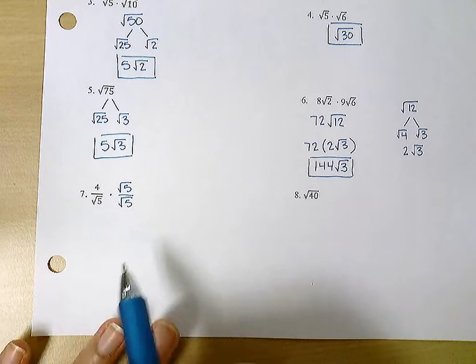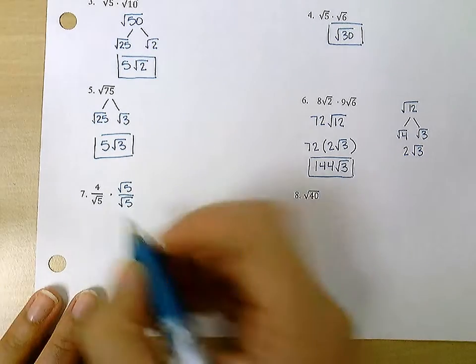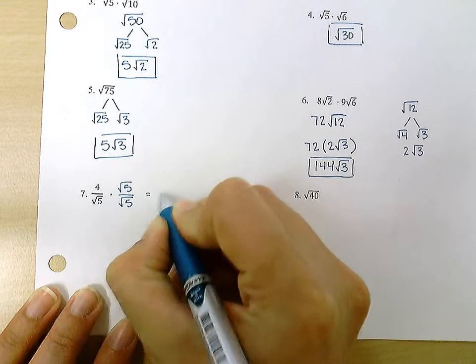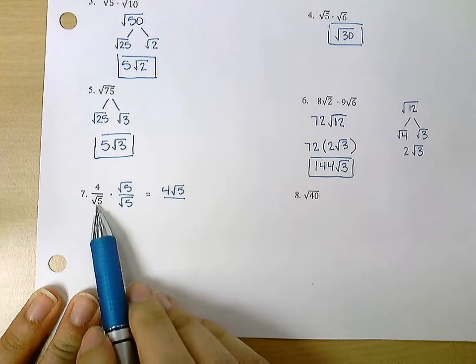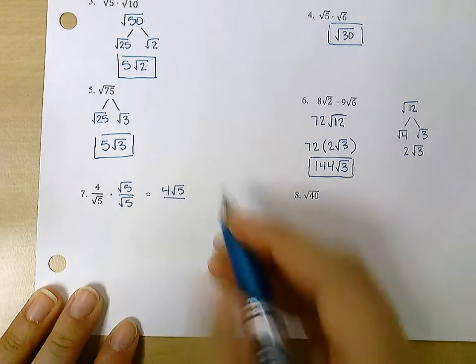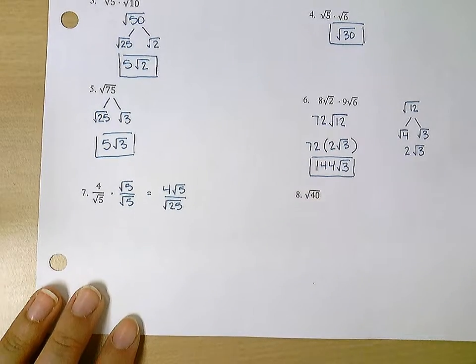Since I'm multiplying fractions, I want to multiply straight across. So I have 4 times the square root of 5 over the square root of 5 times the square root of 5, which is the square root of 25.